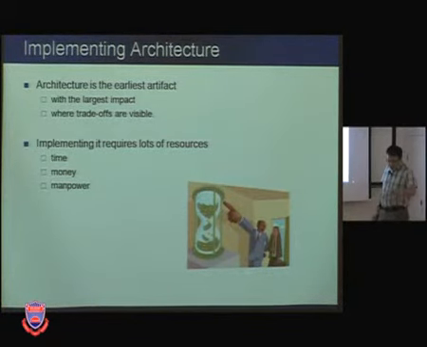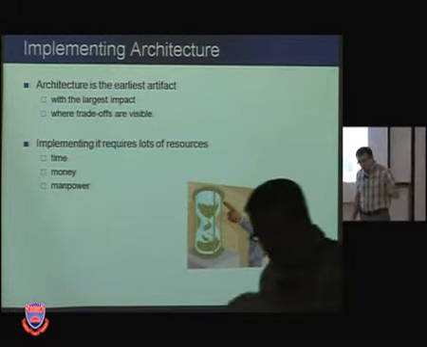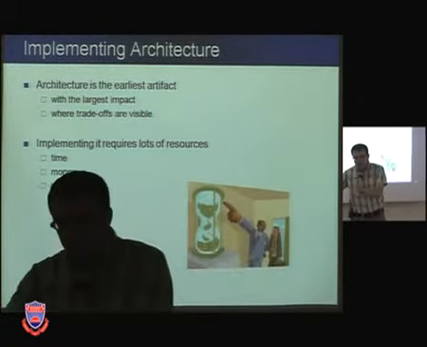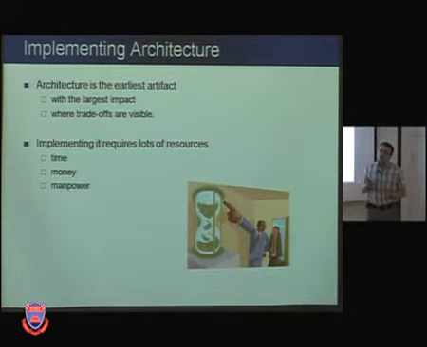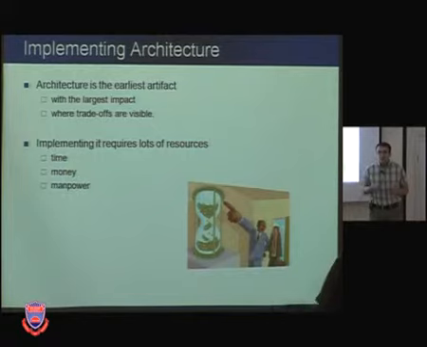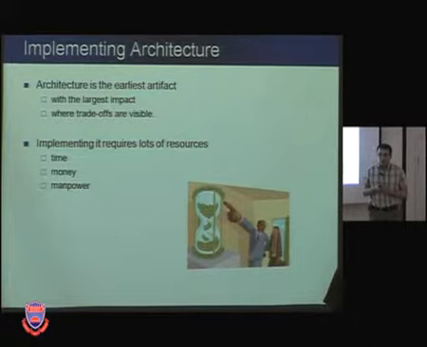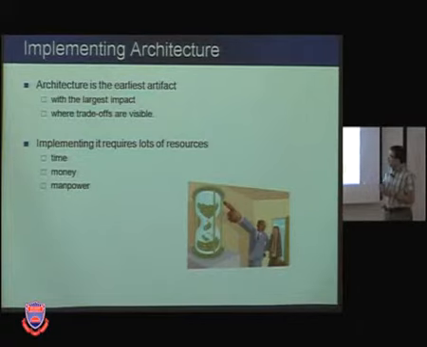Architecture is one of the earliest artifacts, after stakeholders' requirements, and it has the largest impact on the complete system, the complete project. If you have a wrong architecture, your project will fail. That's the bottom line.